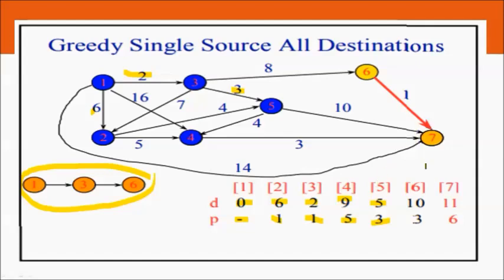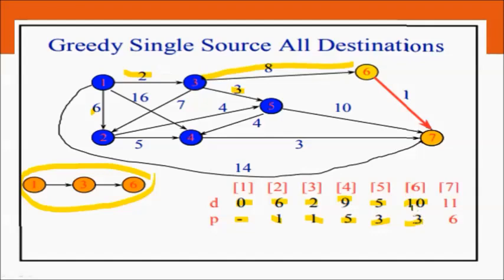So next, vertex 6. Okay? So following the direction 1, 3, 6. So 1 to 3 is 2, 3 to 6 is 8. Thus, we will have the distance of 10. So our previous vertex is 3. So thus, our predecessor is vertex 3. Okay?